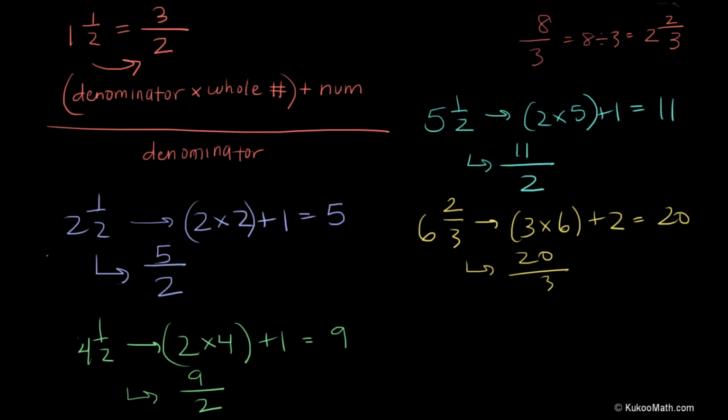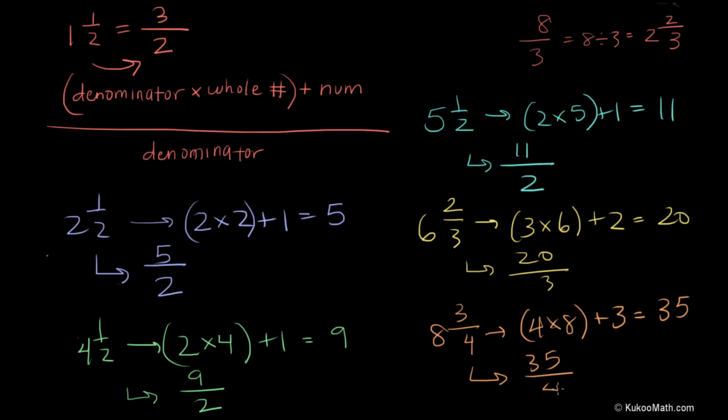Now we're going to do one last one. It's going to be 8 3/4. We're going to do 4 times 8 plus the 3. 4 times 8 is 32, plus the 3 from before is 35. And now that's our numerator, and then our denominator is 4.